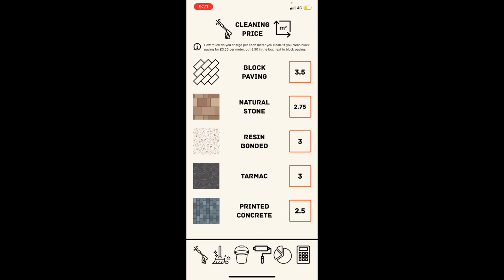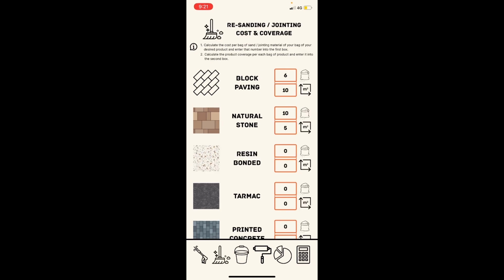So what we're going to do is, in this app, the tabs that are running across the bottom of your app, these are your configuration tabs. So I'll just start from left to right on the bottom of the screen. So we've got the price you want for cleaning, the price you want for resanding and jointing. This is where we put in the cost and the coverage of the products that we're using for the different materials.